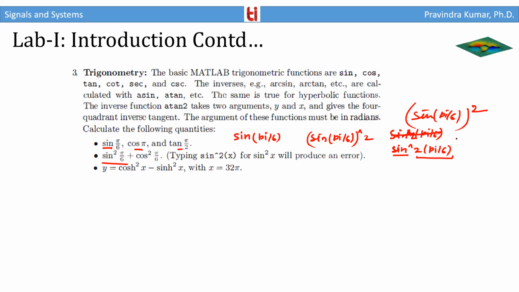And y is equal to cos hyperbolic square x minus sine hyperbolic square x. So simply you can write cosh x for this whole square. So just check this.